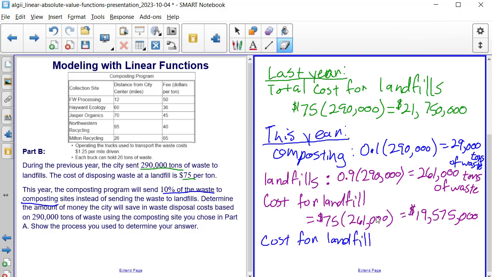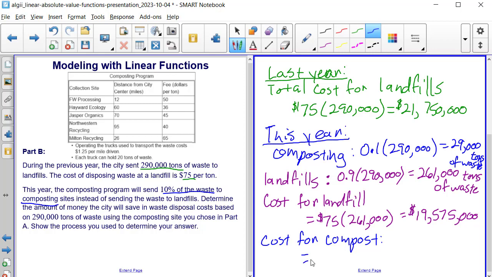And now let's find the cost for the landfill. Oh, sorry, not the landfill, the cost for compost. We already found the cost for landfill. And we're going to use that C of X function that we had found in Part A. Remember that C of X was equal to $43.50 times X, where X was the amount of tons of waste being composted.